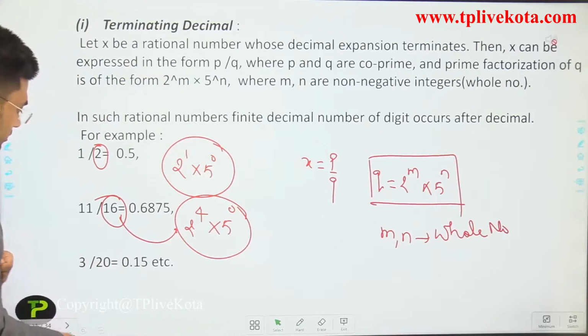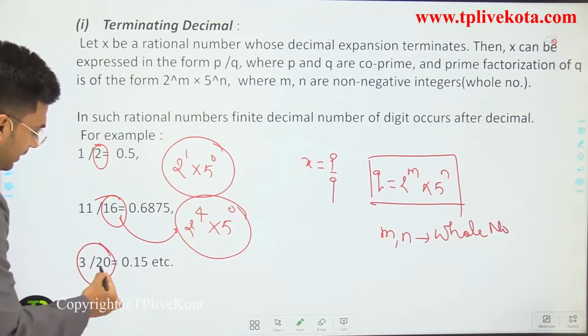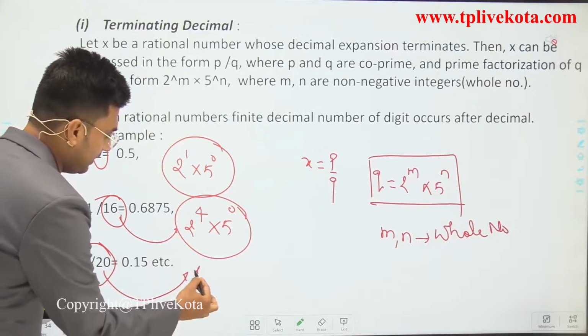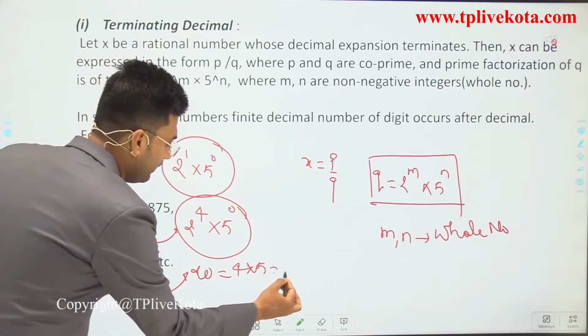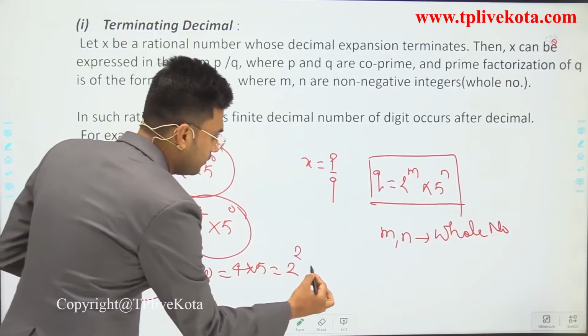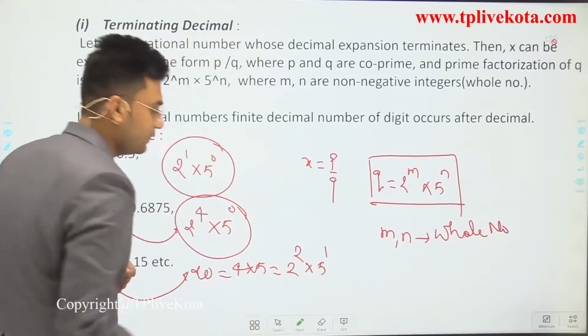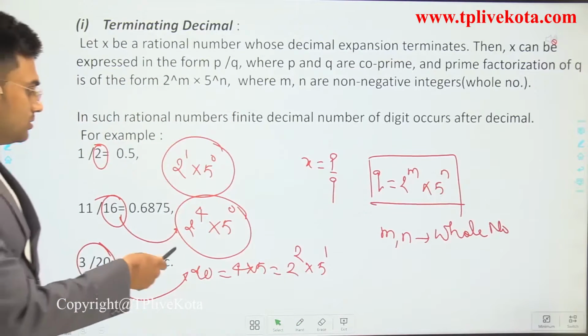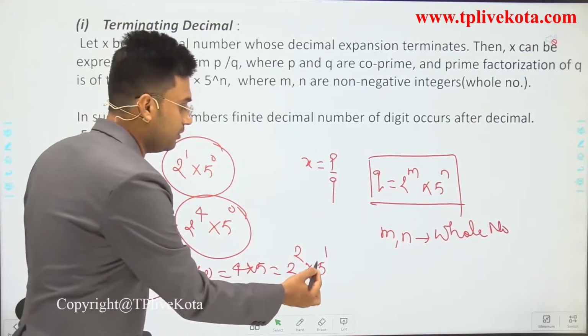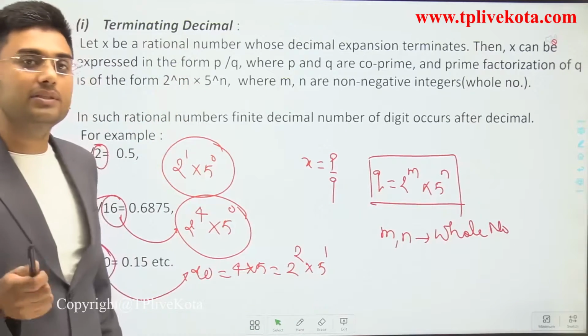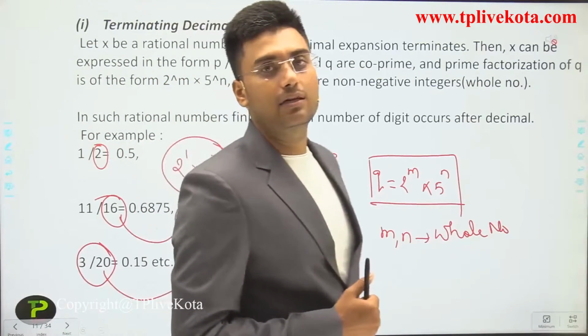Now let's check this example. Here the denominator is 20 and 20 is equal to 4 into 5, or we can write 2 power 2 into 5 power 1. So this is also a terminating decimal because it is 2 power m into 5 power n. Here m is equal to 2 and n is equal to 1.